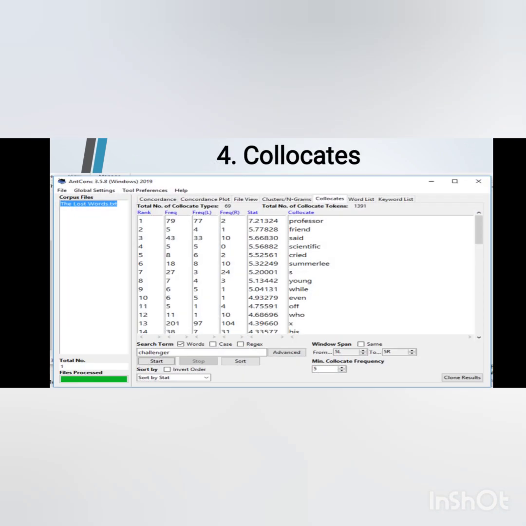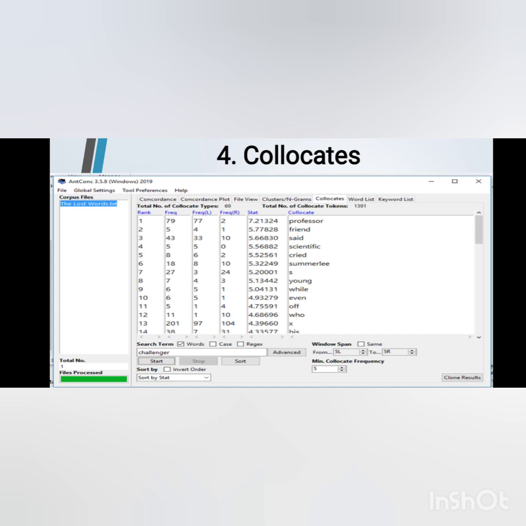Next slide, collocates. Collocates of "letter" might include post, stamp, envelope, etc. However, very common words like "the" will also collocate with "letter". From this picture, there are many differences in collocates.